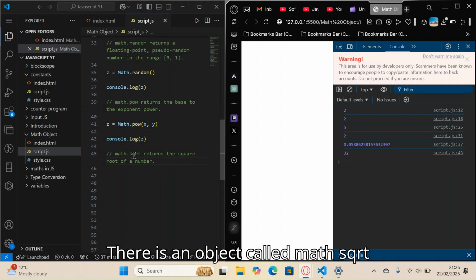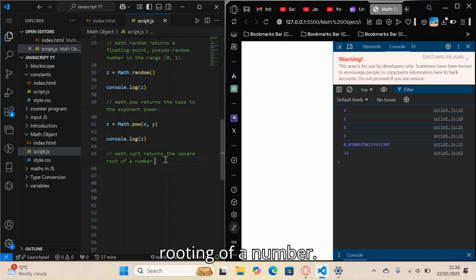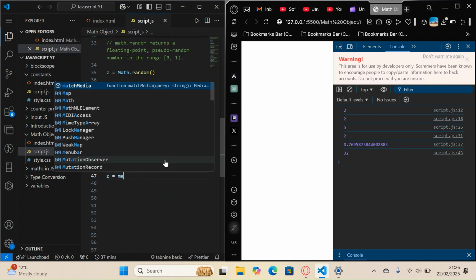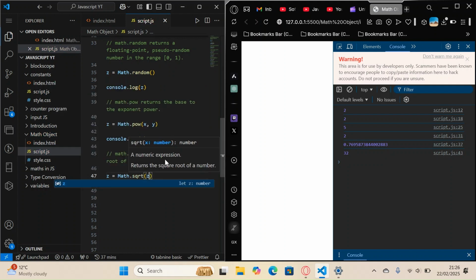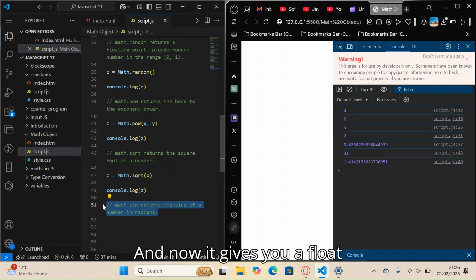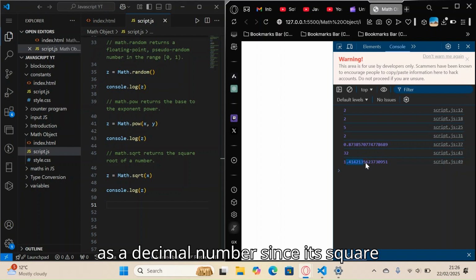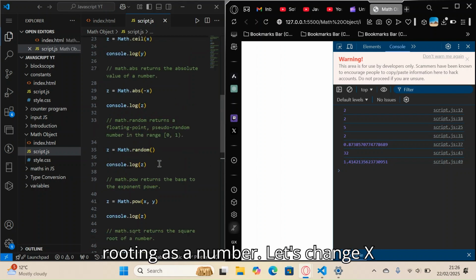There's an object called math.sqrt, the opposite of math.pow, which takes the square root of a number. So let's call z equals math.sqrt(x), then console.log z, and now it gives you a float number, known as a decimal number, since it's square rooting the number.